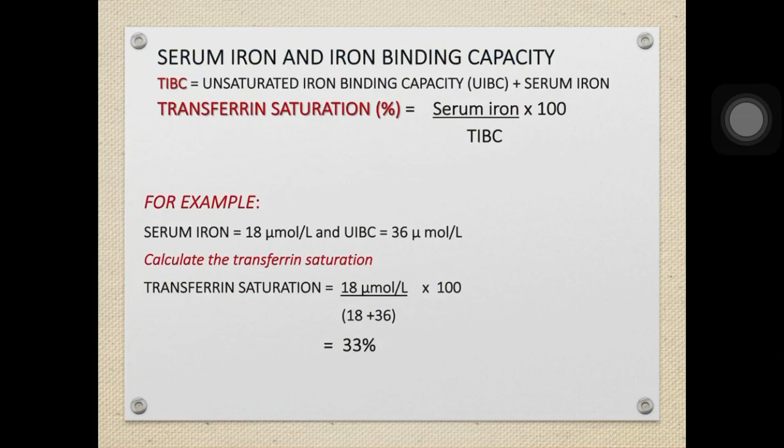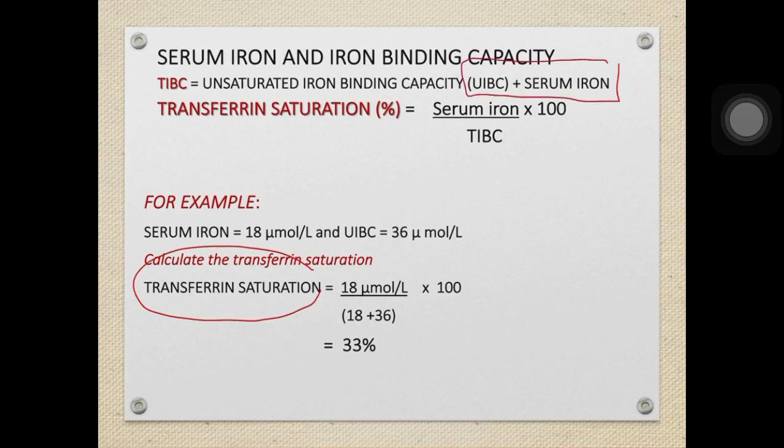Huwag pong kakalimutan yung formula to compute for the transferrin saturation when given the TIBC and unsaturated iron binding capacity. To compute for TIBC, so i-add po yung unsaturated iron binding capacity and serum iron.